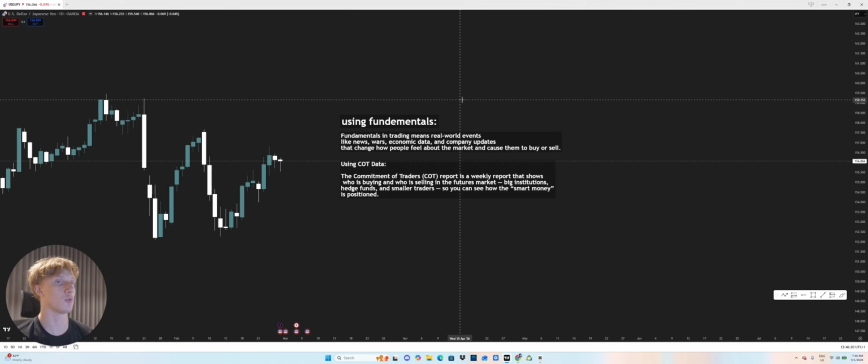Fundamentals is what really drives price. All of these candles that we're seeing in front of us don't just appear. Behind the candles there are people buying and selling, and people buy and sell when certain things are happening in the world. For example, right now, as I'm recording this, there's a conflict between Iran, the USA, and Israel. How will that affect the market?